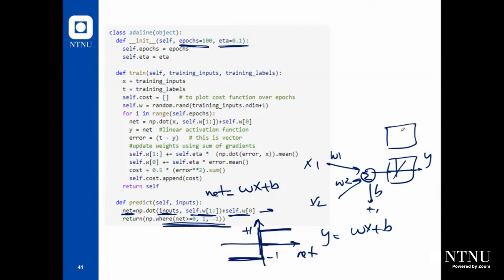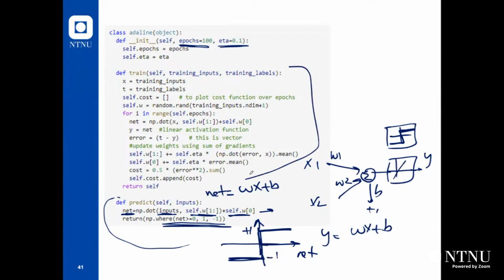It will be the symmetric hard limit, because we need to classify, and in this iris problem we have two classes. So we need to get the output as binary, +1 or -1. First we calculate net, and once we have net, we apply it to this activation function, and it converts it into +1 or -1. So this is the predict function.